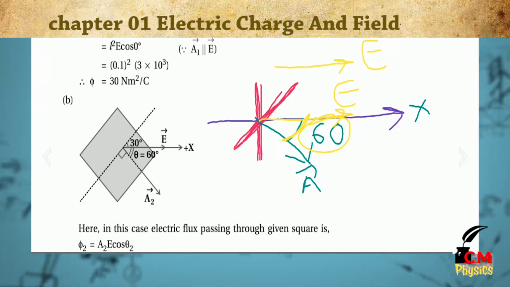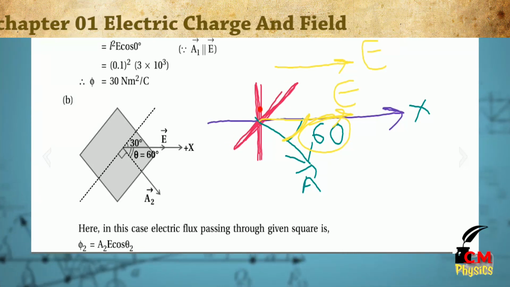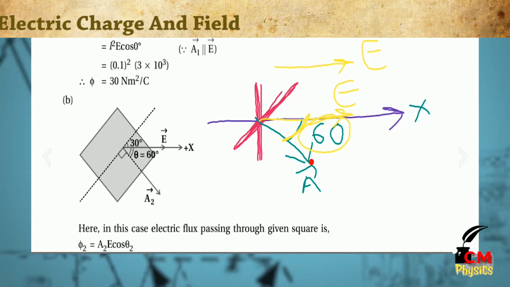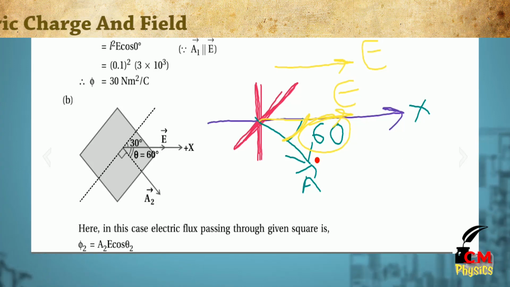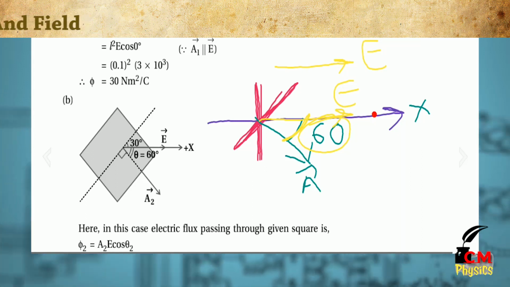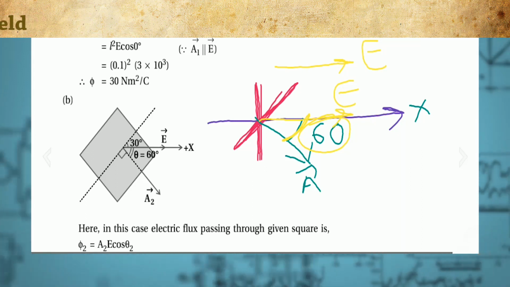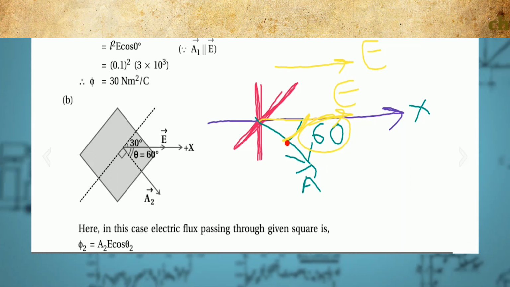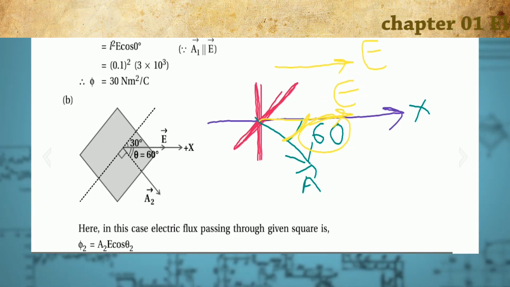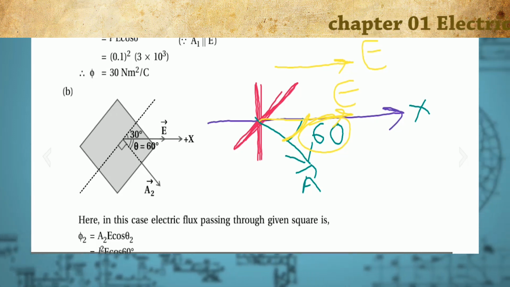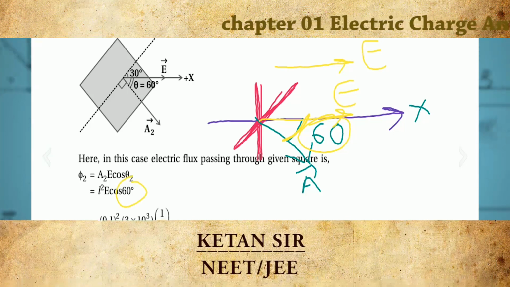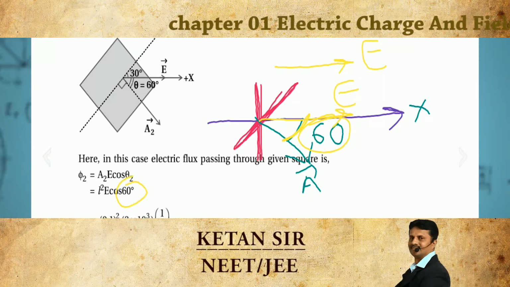When the area is rotated such a way, it makes an angle of 60 degree with the x-axis, and the electric field is also in the direction of the x-axis, means the area vector makes an angle of 60 degree with the E vector. That means theta is equal to 60. After putting the same values, but here you are using the angle 60 degree instead of 0 degree.